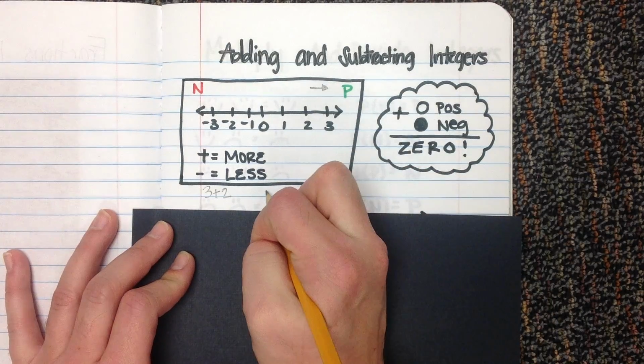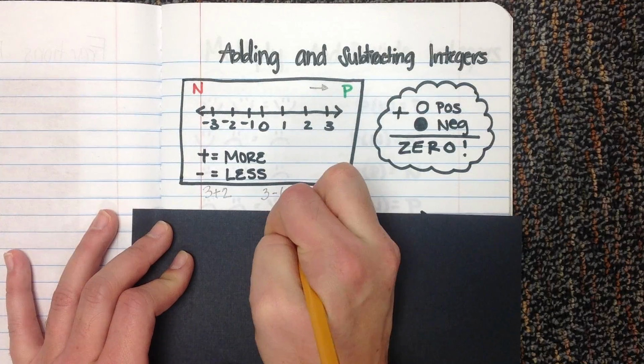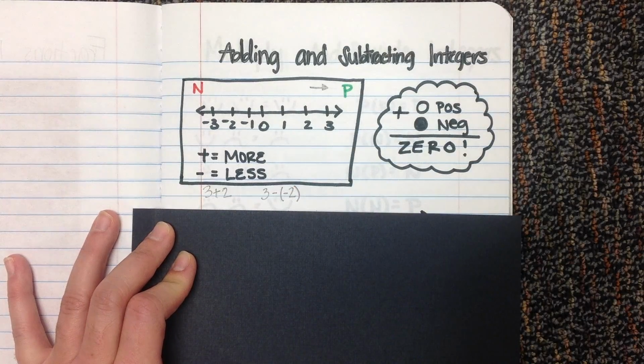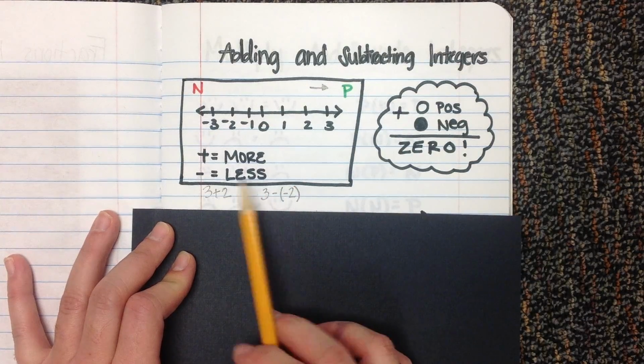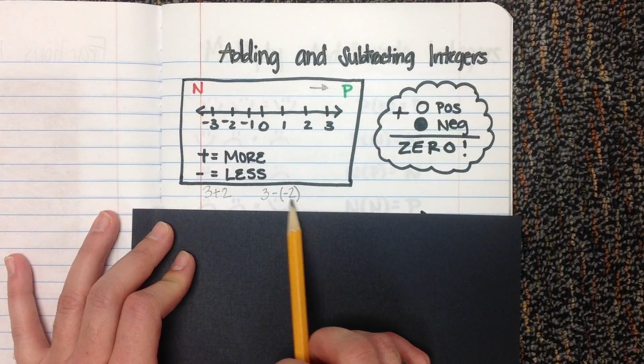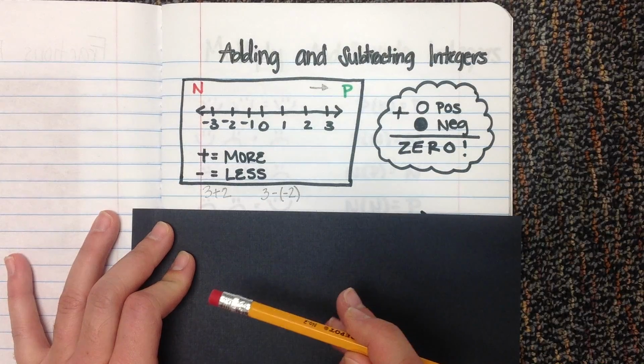Look at this one. What if I want 3 minus negative 2? Minus means I want less of something. What do I want less of? Well, I want less negatives. So if I want less of something, am I going to go toward it or am I going to go away from it?